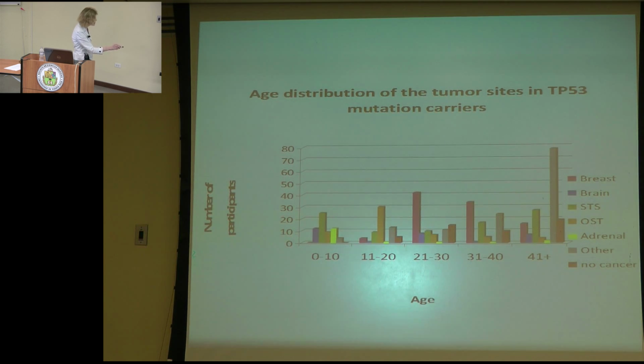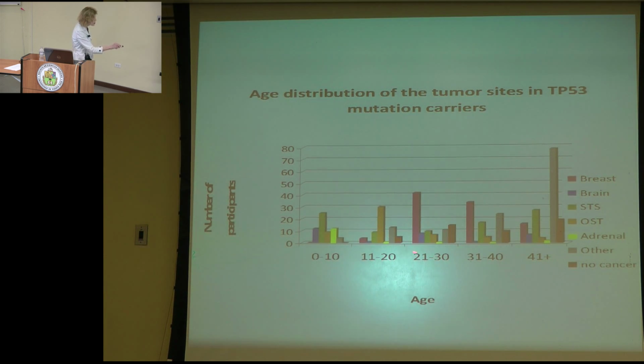As you look at adolescents, as in the general population, osteosarcoma becomes very common. You still see soft tissue sarcomas. You're beginning to see breast cancer in those just under age 20. You see an occasional brain tumor and adrenal tumor. You're beginning to see a little more variety in the tumor types, more other.